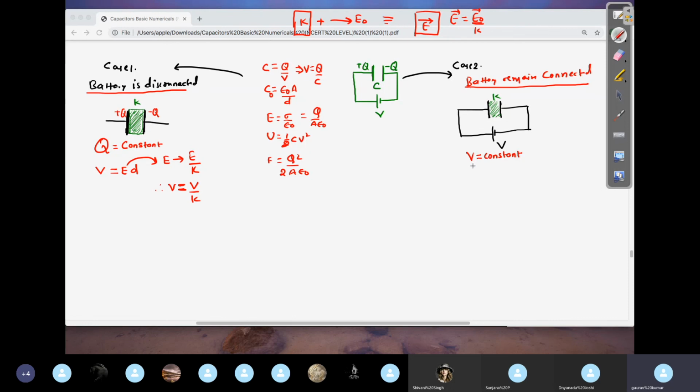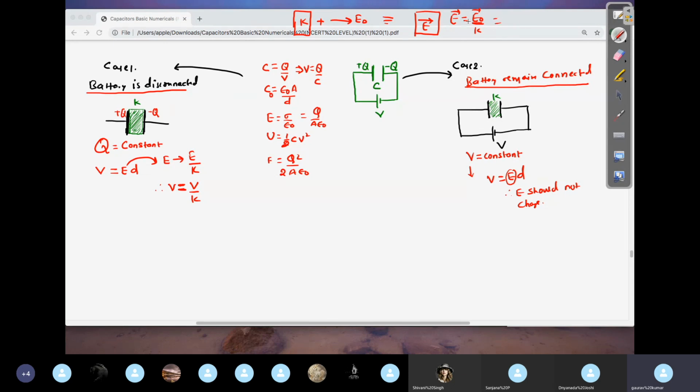In this other case, V is constant. What is the V formula? V is E into D. So E should not change. But because of the dielectric, E will decrease by a factor of K. How then will E not change?